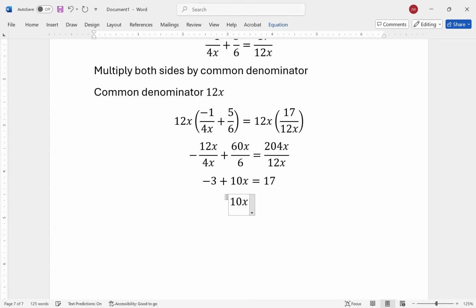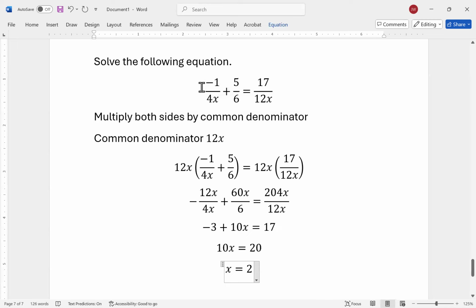I'm not writing that step. When I add 3 to both sides, I get 10x equals 20. And then I divide both sides by 10. Dividing both sides by 10 gives me x equals 2. So that's my final answer, is that x is equal to 2.